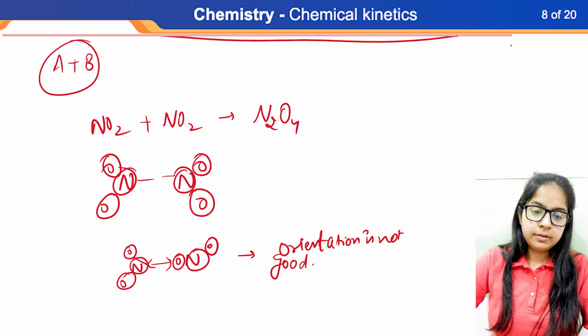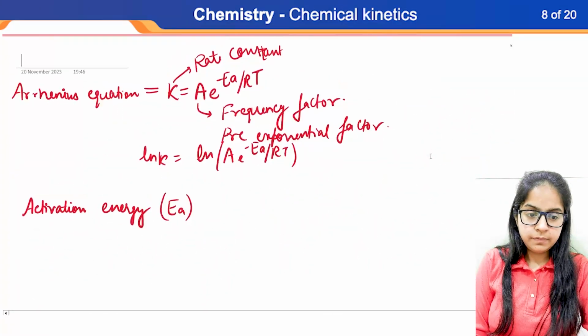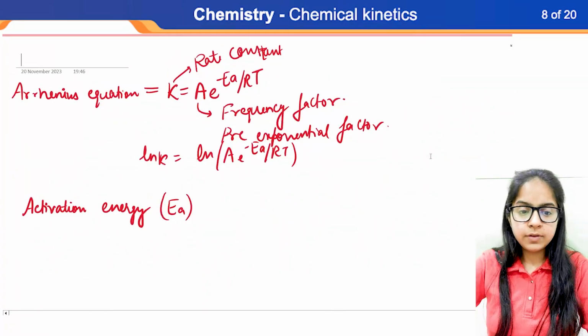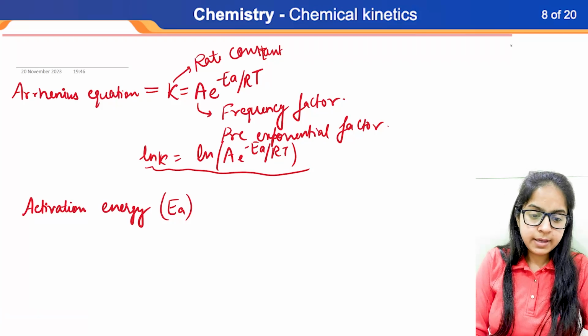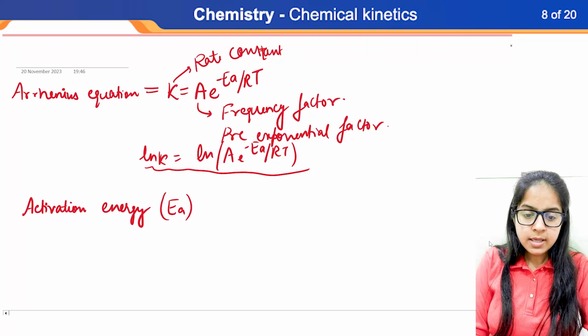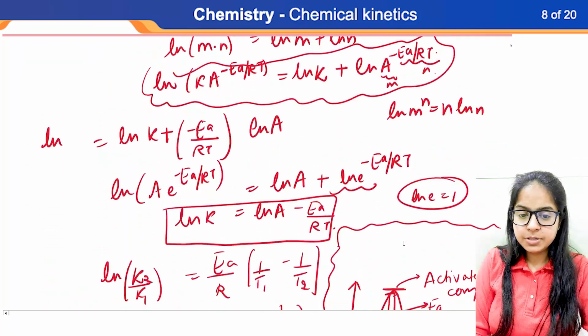Okay, so next one is the Arrhenius equation. k is equal to A e to the power minus Ea by RT. Activation energy is the minimum energy that is required by the reactants to cross the energy barrier.